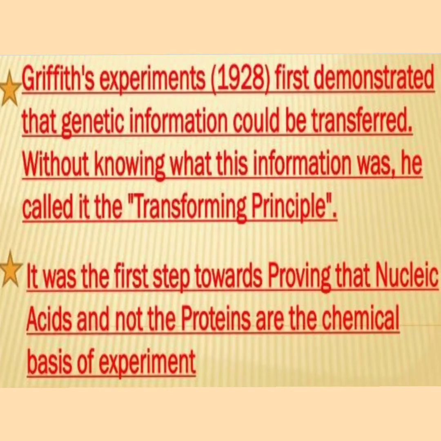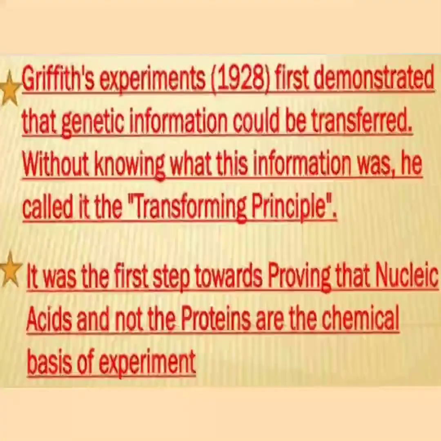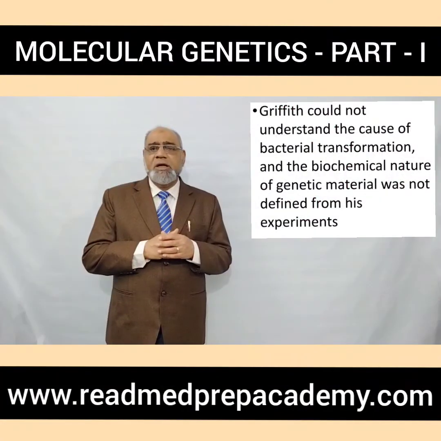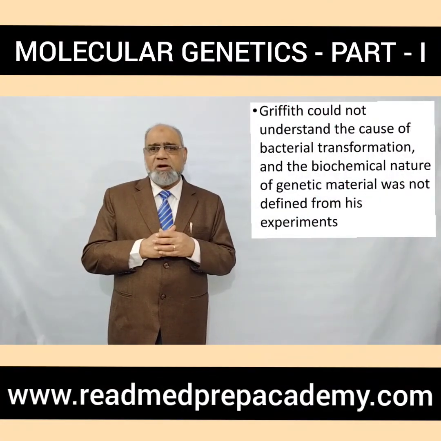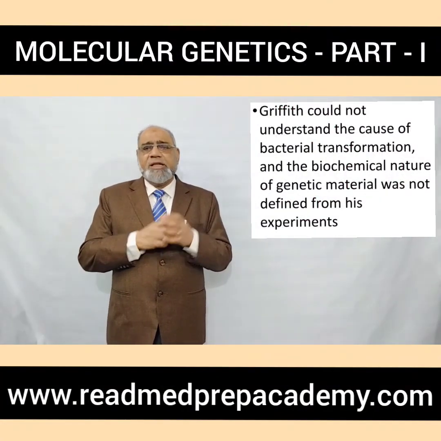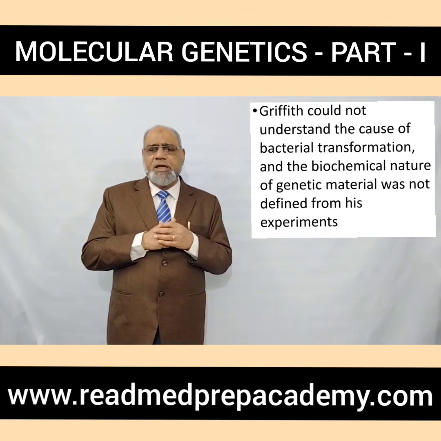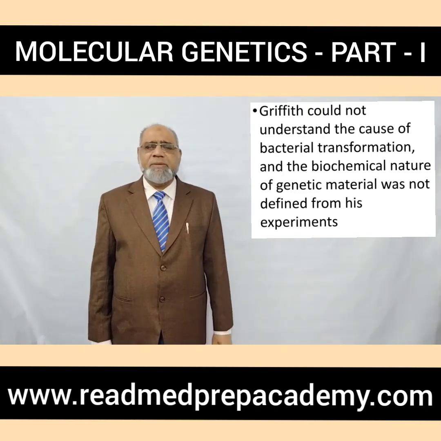He called it the transforming principle. It was the first step towards proving that nucleic acids and not proteins are the chemical basis of heredity. Griffith could not understand the cause of bacterial transformation, and the biochemical nature of the genetic material was not defined from his experiments.